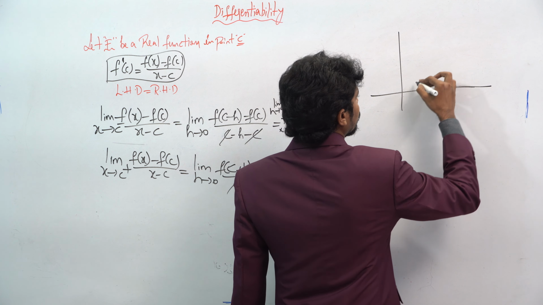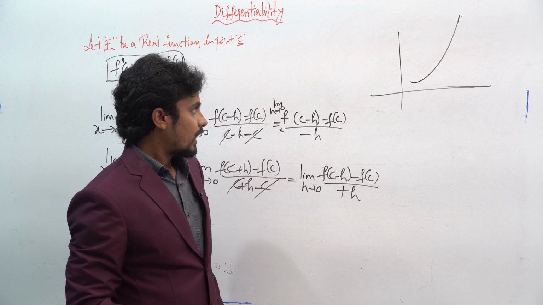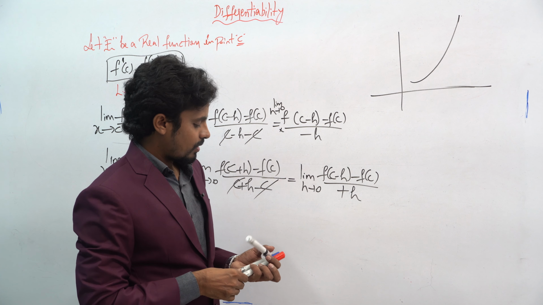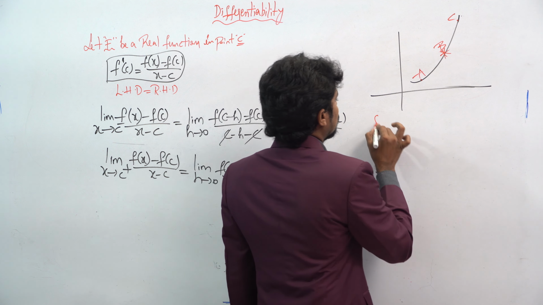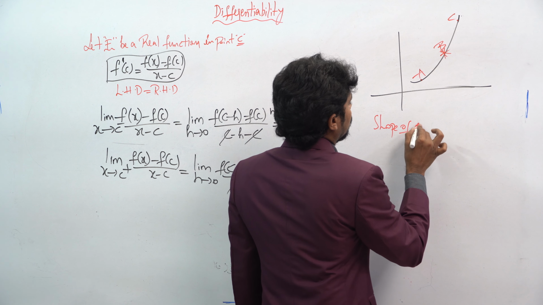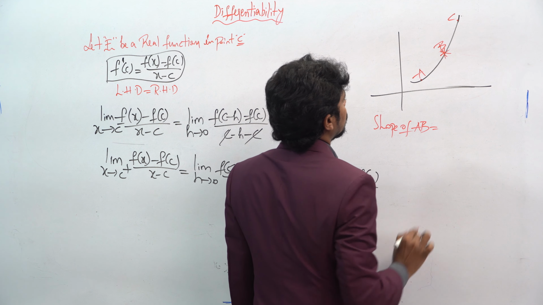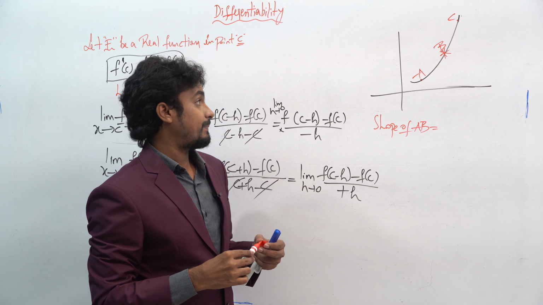In this plot I have to take three points. Suppose this point is B, this point is A, and this point is C. How can you write the slope of AB? I just want to find the slope for this AC.